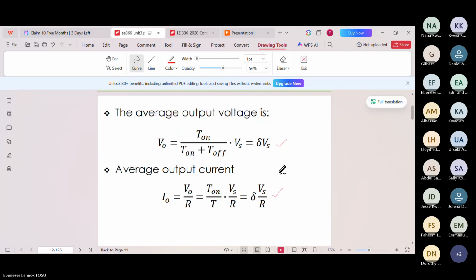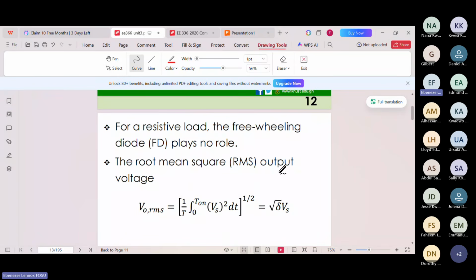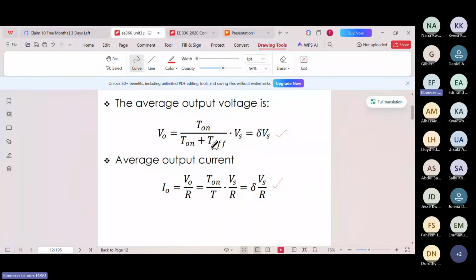If you want to calculate the RMS value of the output, we usually say it is the square root of the square of the area divided by the period. You first find the square of the area, divide by the period, and take the square root of that. That gives you the RMS value. We come back to the waveform and look at it.